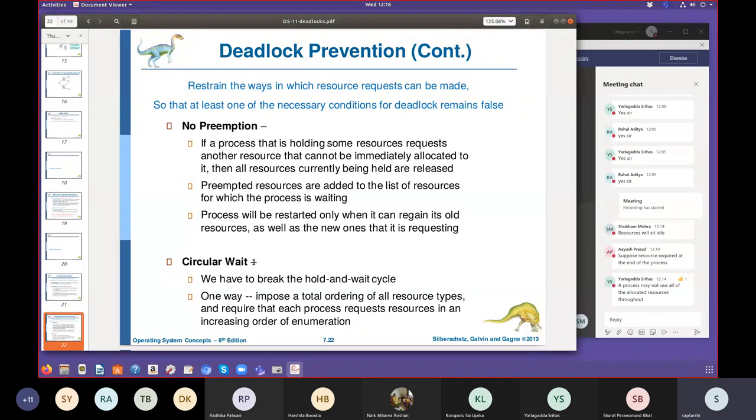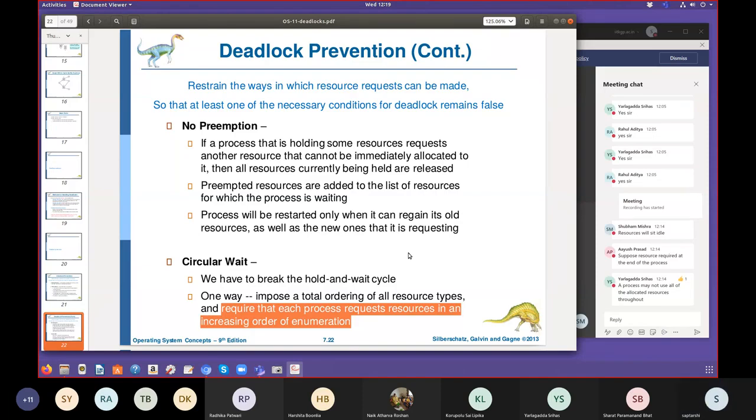So again, there can be several ways. One simple way is to impose a total ordering of all resource types and require that each process requests resources in an increasing order of enumeration. So it can never happen, let's say, that P4 is waiting for P0.